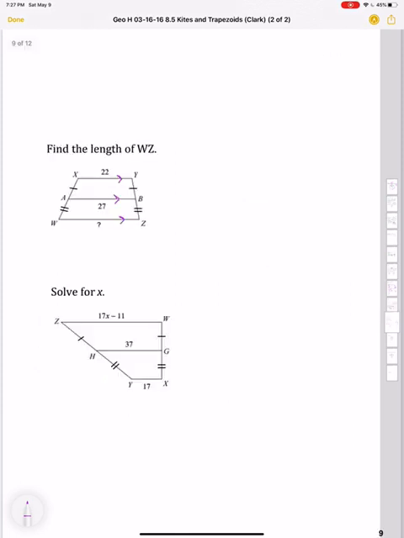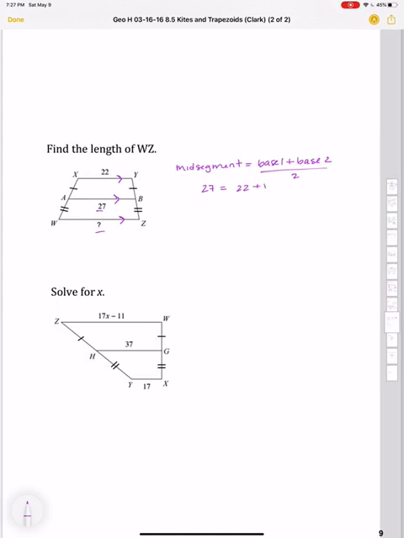Okay, so let's go back. So let's see, 22, 27, and we need to know what this one is. How do you get 27? We know the mid-segment is equal to base 1 plus base 2 divided by 2, right? So fill in the things you know. We know the mid-segment is 27. We know that base 1 is 22.